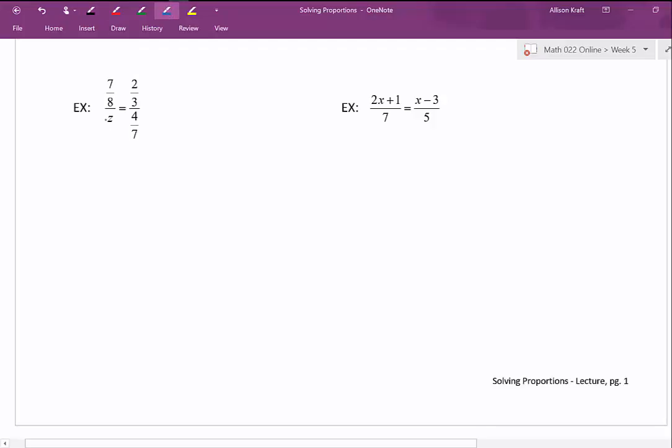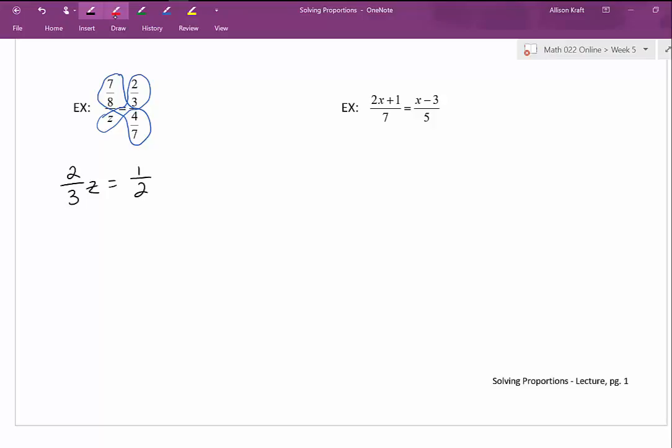Cross multiplying again. Z times 2/3, 2/3 z, and 7/8 times 4/7 gives us 1/2. If you're going to do this by hand, make sure when you're multiplying fractions, you multiply straight across and simplify, or you can use your calculator.